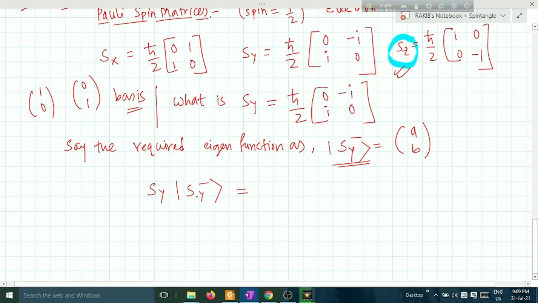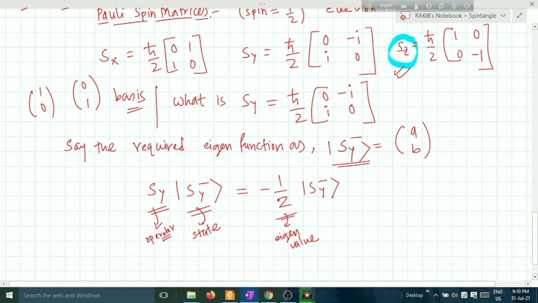If the Sy operator is operated on the state Sy minus, this is the state and this one is the operator, it will give minus half as a result, the eigenvalue, and the state will return.